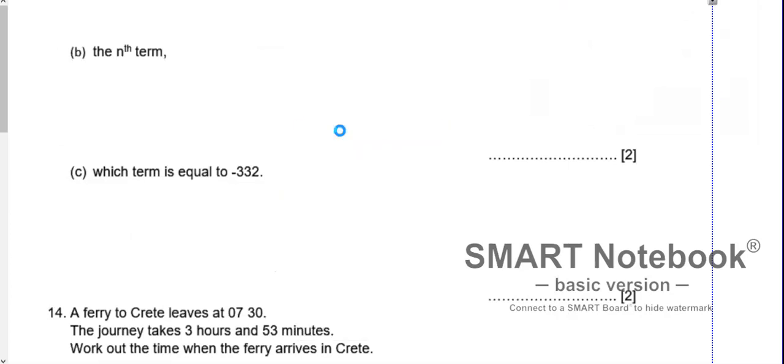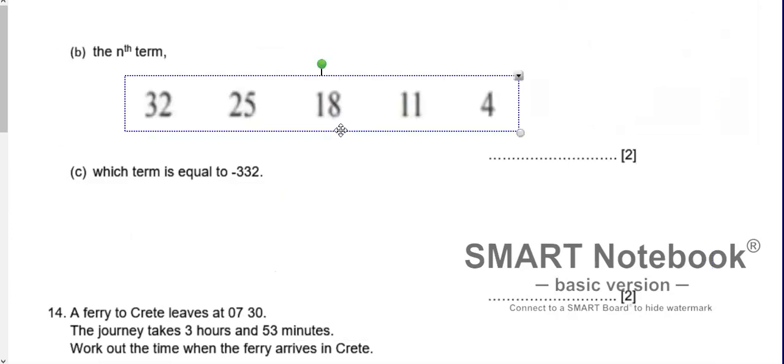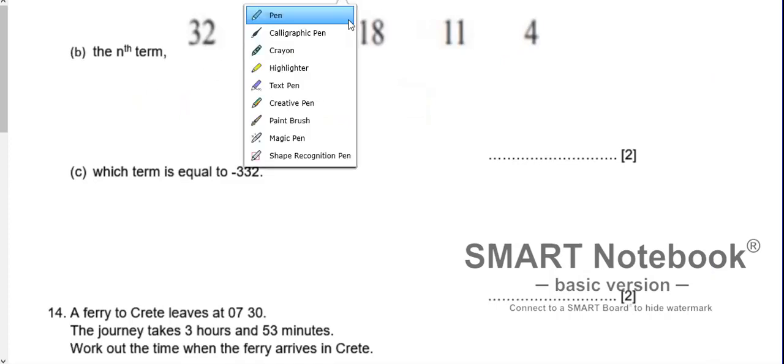All right, so we want to find the nth term for that sequence. Okay, so now we have the sequence in place. Now you want to find the nth term. So if you remember, we have got the term to term rule.